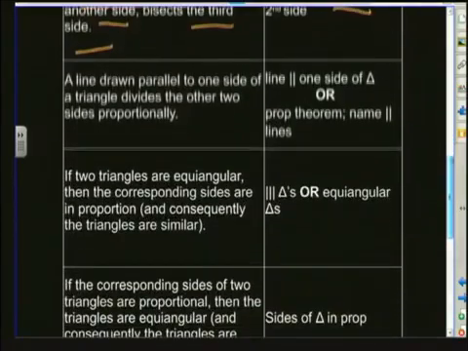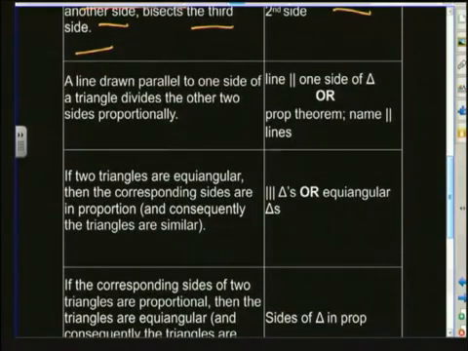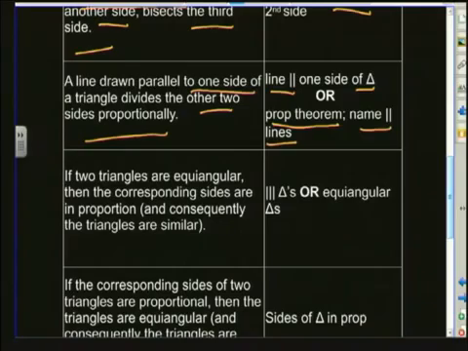The next theorem statement, a line drawn parallel to one side of a triangle divides the other two sides proportionately. As your acceptable statement, you can either use line parallel to one side of a triangle, or you can call it the proportion theorem, proportion abbreviated as prop, or you could simply name the parallel lines.